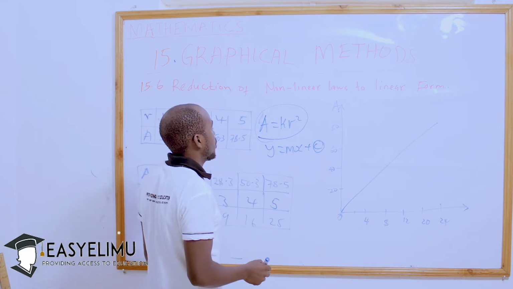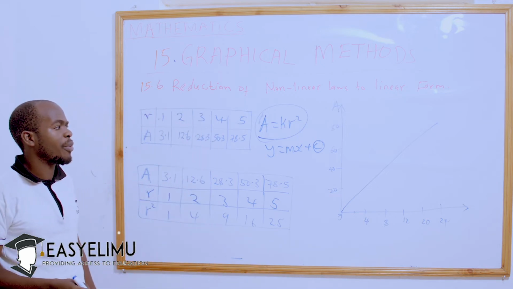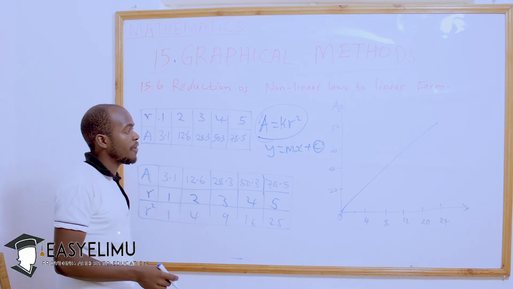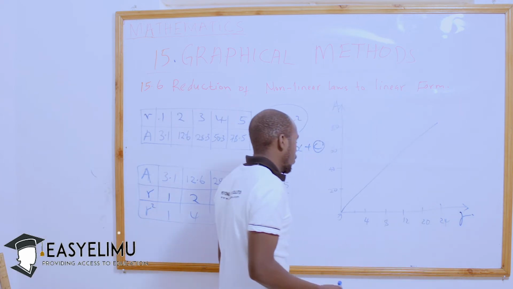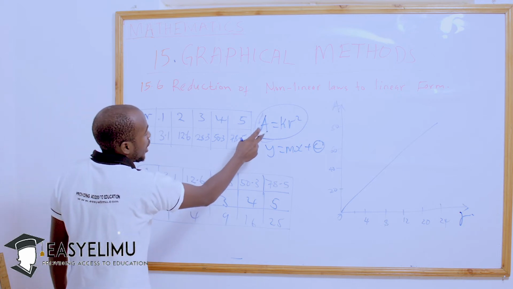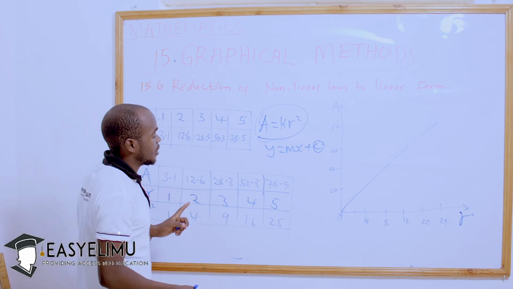If you consider another way, it should be a quadratic equation. But if you plot this graph, you will find it is going to give you a straight line through the origin. So we shall just translate the values given below that way.